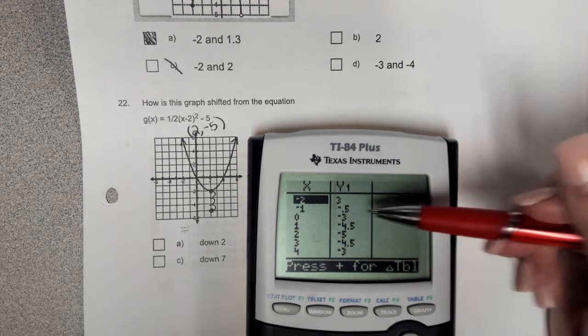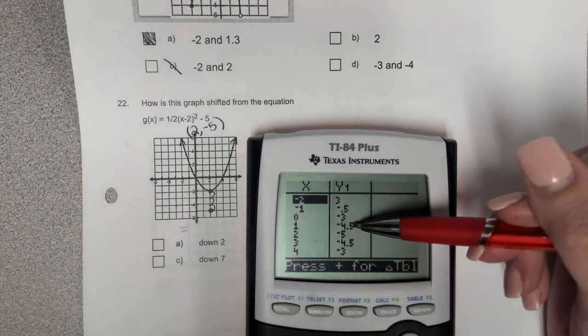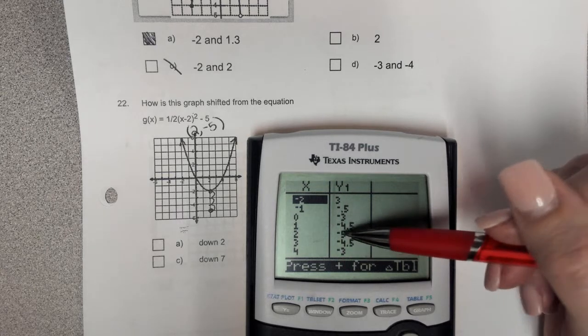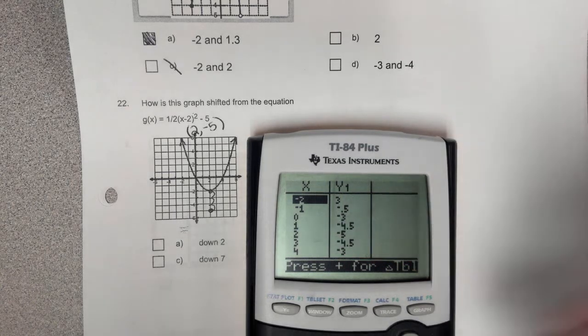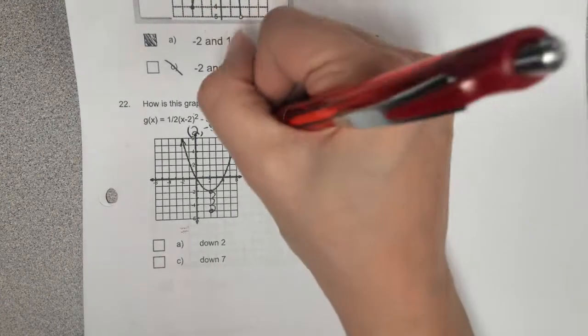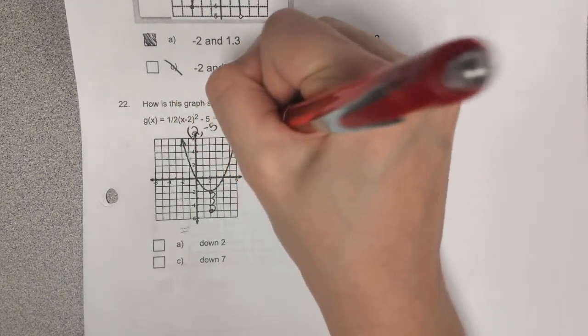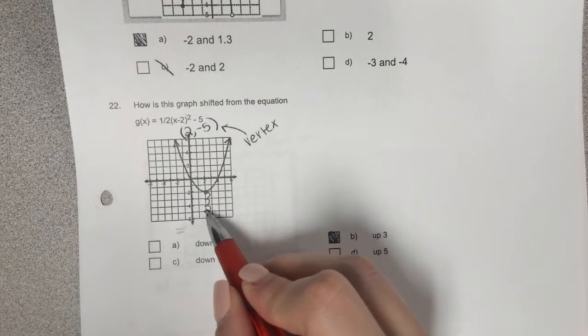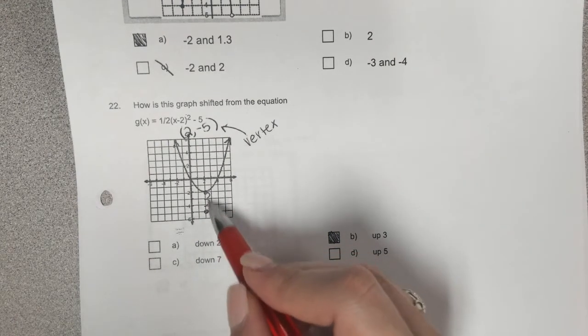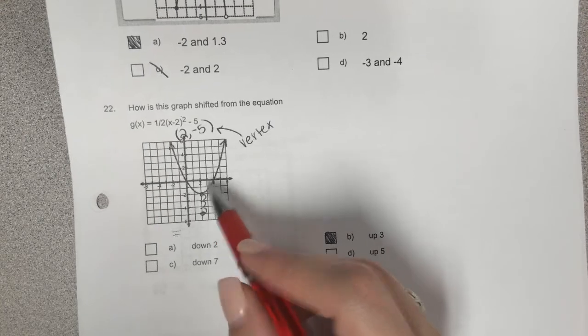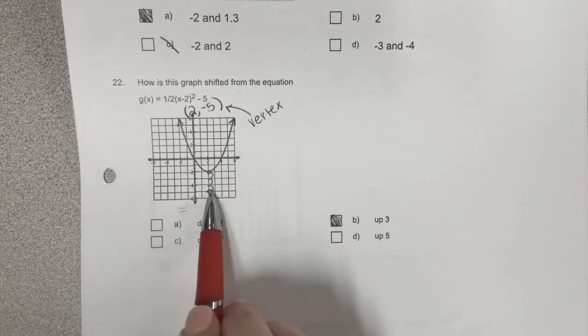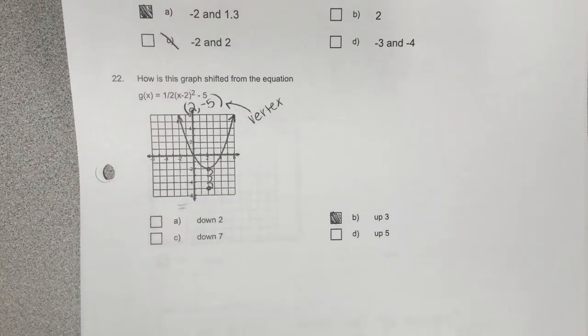We need some twins. -3, -3, -4.5, -4.5. In the middle of the rainbow is 2, -5. That is your vertex. So there's my vertex. And then that's what we need to look at when we're comparing how it shifted. And so it's going 1, 2, 3, up 3.